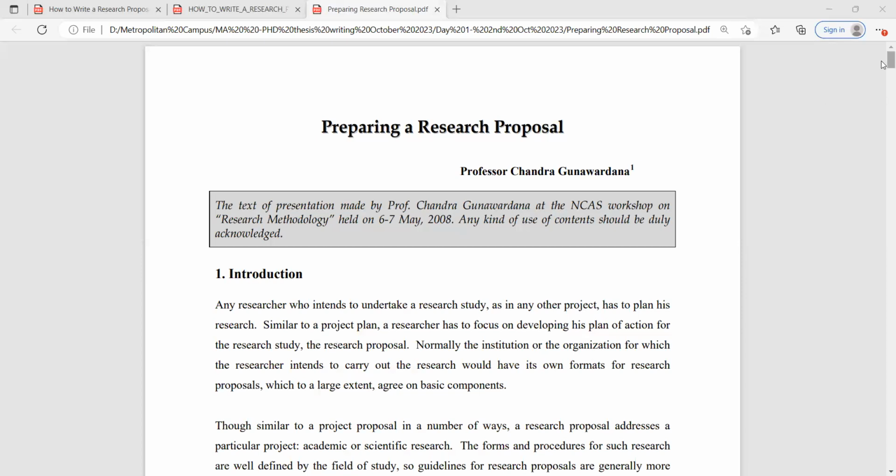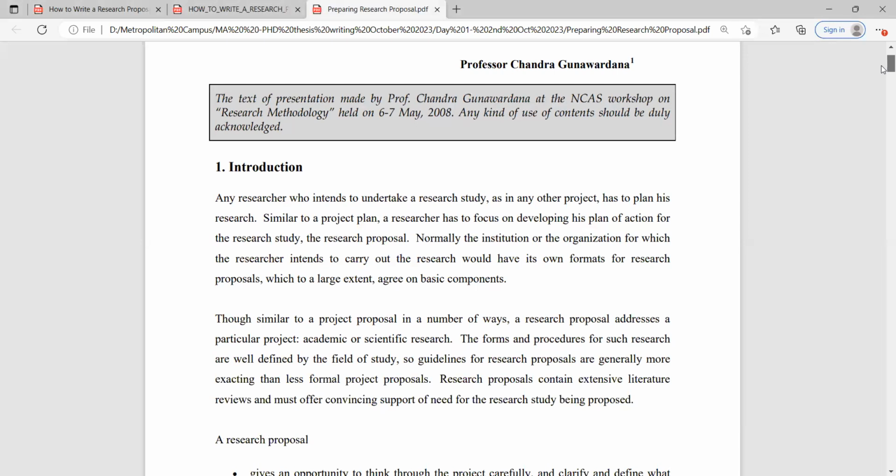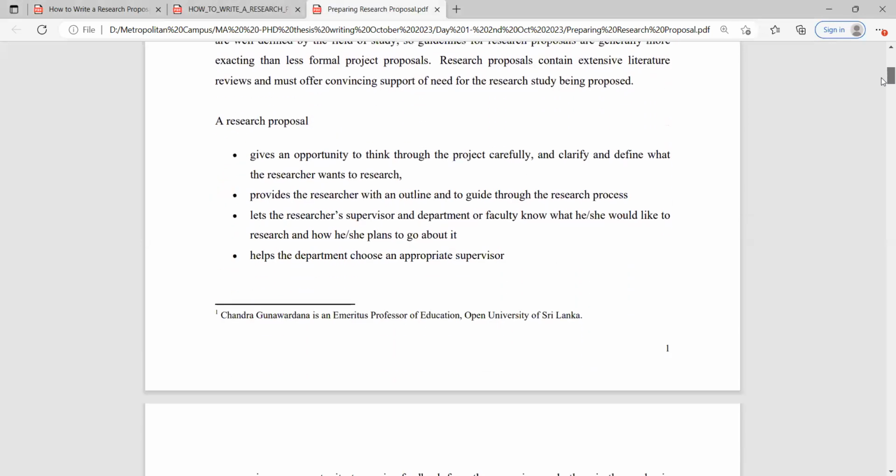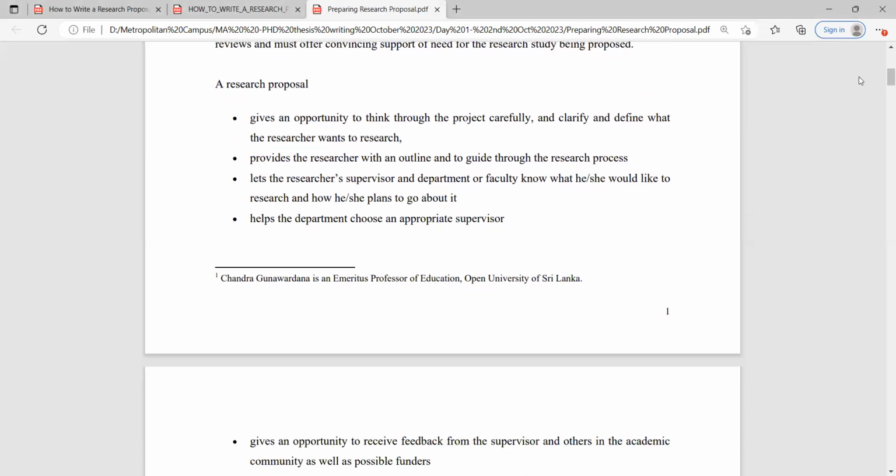Here, she clearly mentions the way you have to take your introduction and write a research proposal. They mention that it gives an opportunity to think through the project carefully and to clarify and define what the researcher wants to research. That is the most important thing. So you are the researcher, and therefore you have to identify what you want to research, and then clarify it in a proper manner.